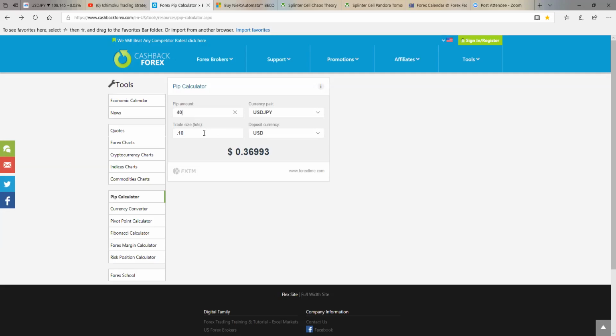You can do 10 cents per point as well. That's a super low risk. 0.01. And that's representative of $3.69. But overall, I would suggest $1 per point. You got yourself $36.99.